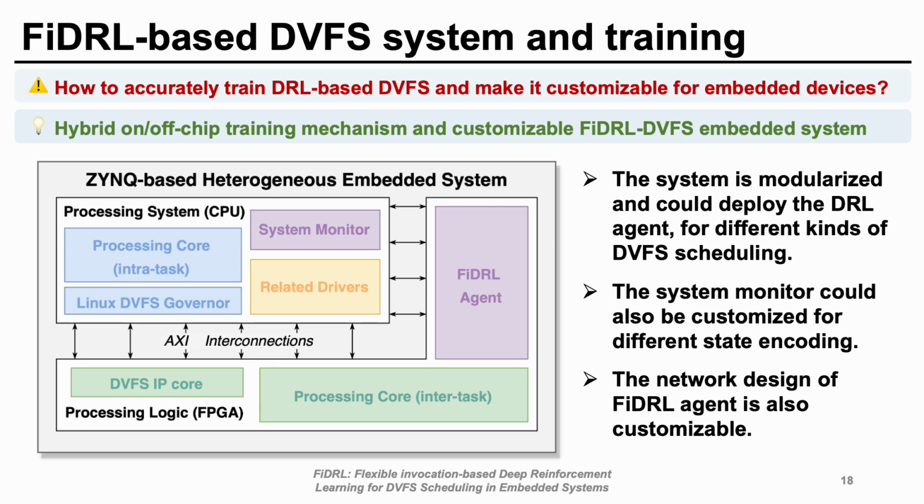The FiDRL is customizable and synthesized on FPGA, and the system monitor detects the required system signals and inputs them to the agent. The agent outputs voltage and frequency suggestions, driving the corresponding DVFS controller to regulate. With this kind of implementation, we can customize different components according to our requirements.